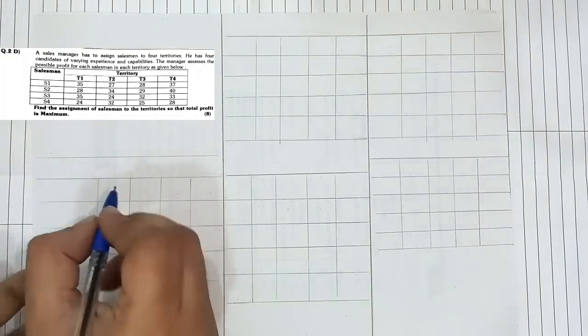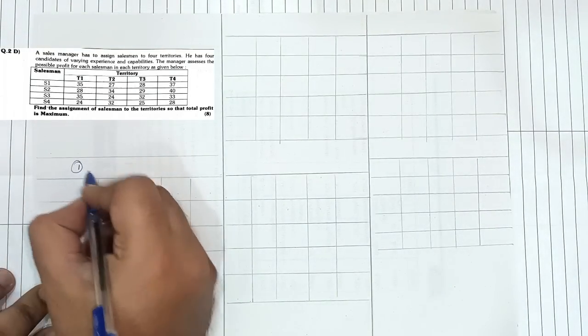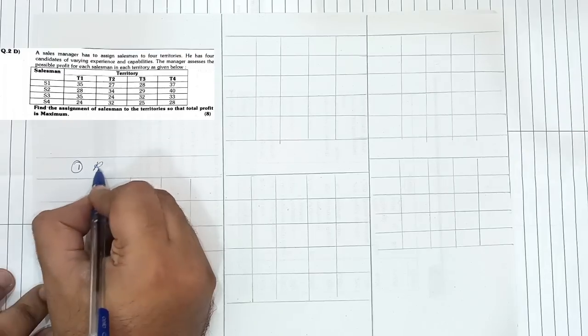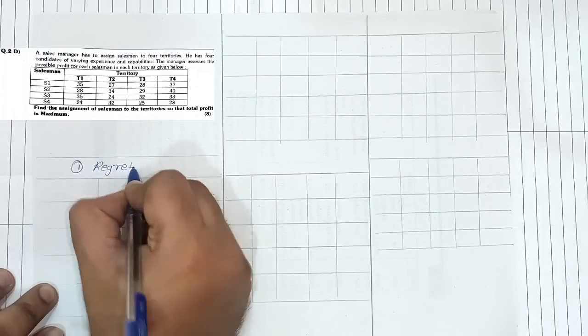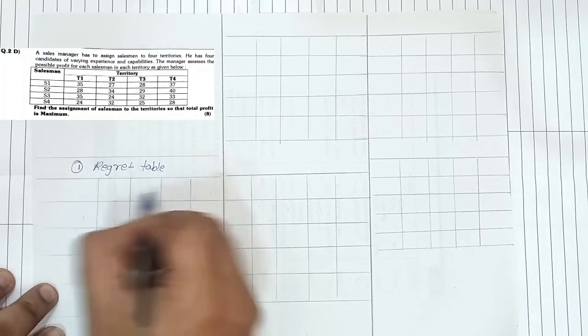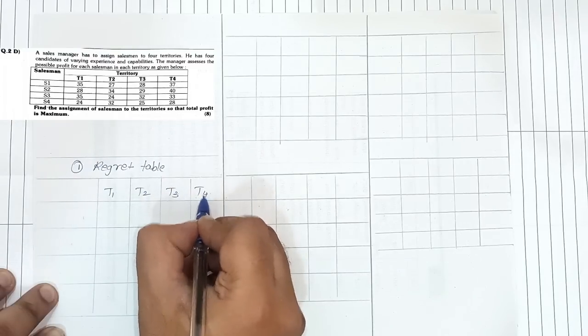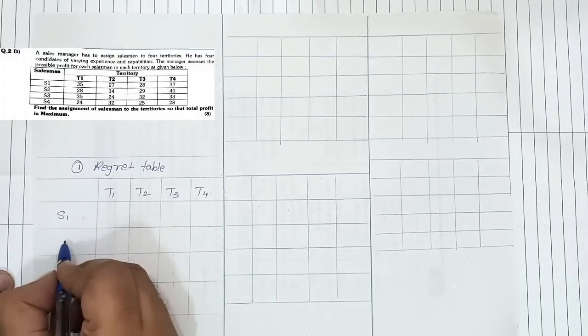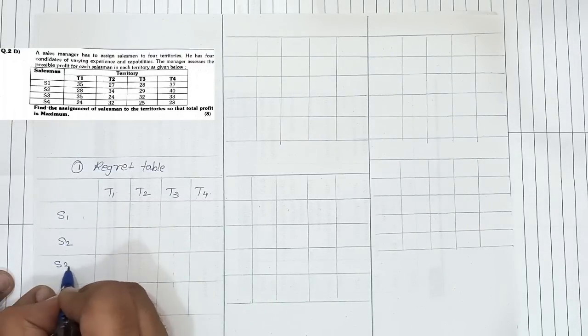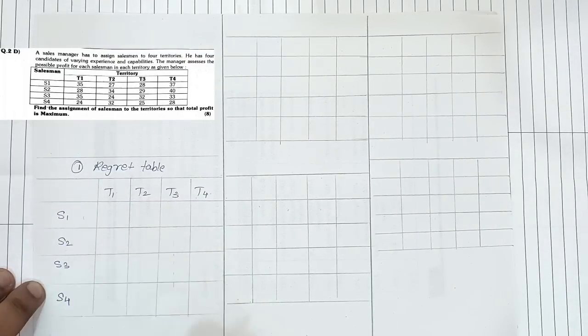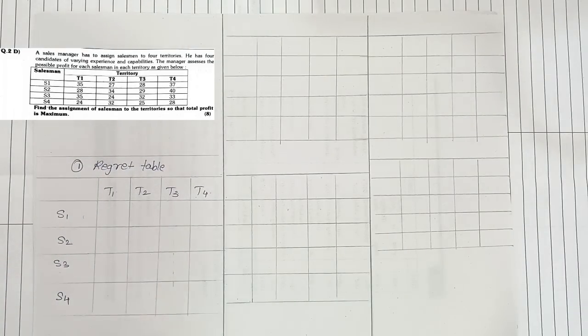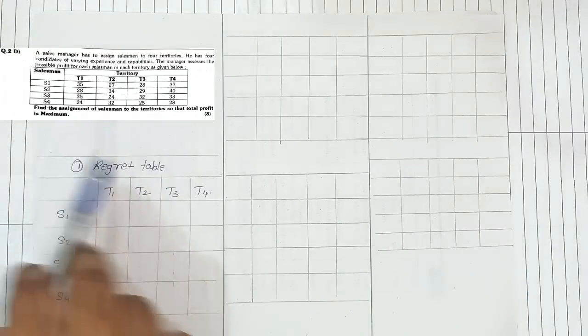Whenever a sum is based on maximization, the very first table that you'll have to create is called a regret table, where we have columns T1, T2, T3 and T4, and here we'll have S1, S2, S3 and S4. In a maximization assignment sum, the first step is to find the maximum value in the entire question.